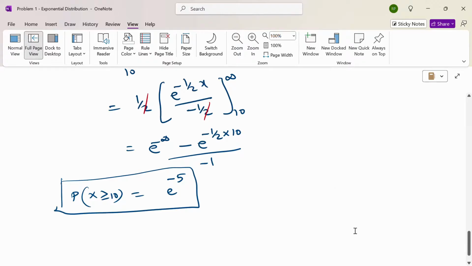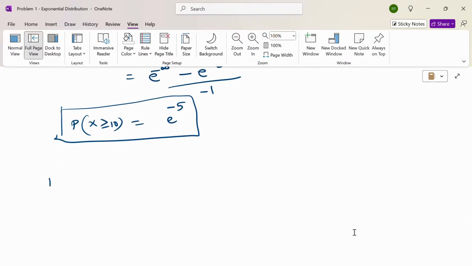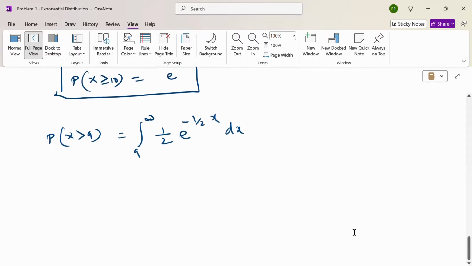And then next, x greater than 9: the integral from 9 to infinity of f of x, which is 1/2 e power minus 1/2 x dx. When I integrate this, the constant 1/2 cancels with the 1/2, giving e power minus 1/2 x divided by minus 1/2, from 9 to infinity.